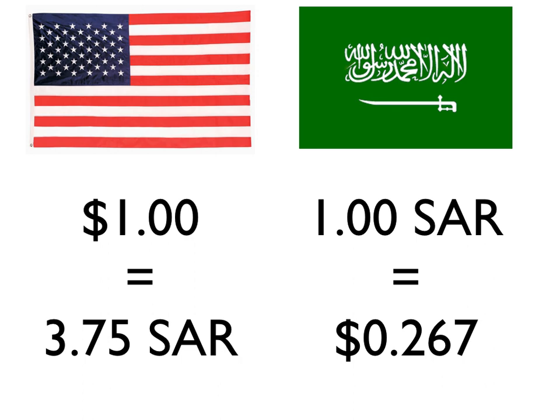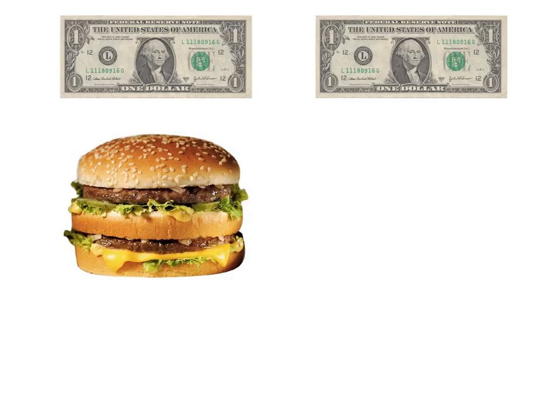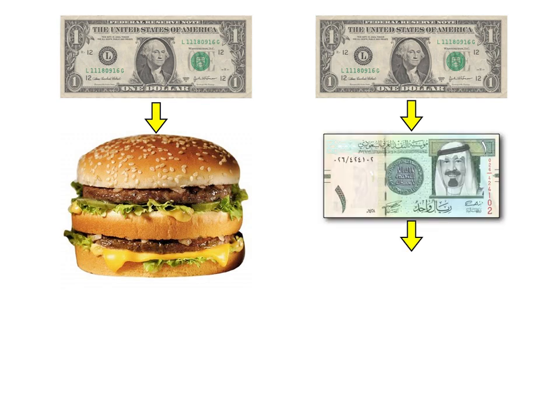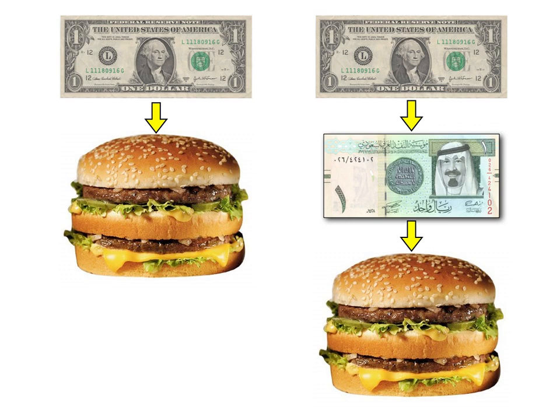So one riyal is worth about 26.7 cents or $0.267. So when I'm in the U.S. and I want to buy a Big Mac, I just take my dollars down to buy the Big Mac. If I want to do that in Saudi Arabia, I would first have to convert my dollars to riyals, and then I would make the purchase.